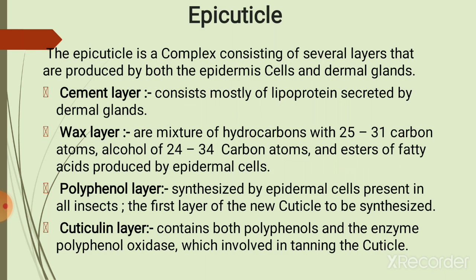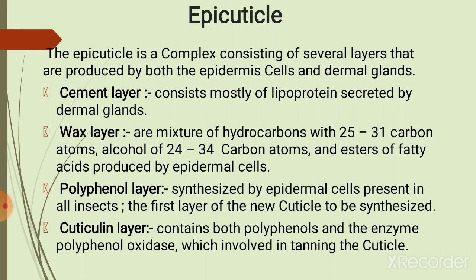Then next is epicuticle. Epicuticle is a type of cuticle. The epicuticle is a complex containing several layers that are produced by both the epidermal cell and dermal gland. It is a very thin outermost layer and varies in thickness about 0.03 to 0.4 micron.